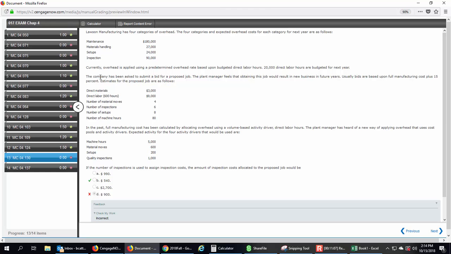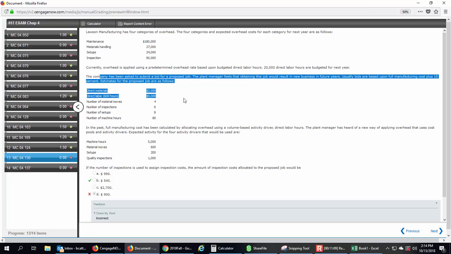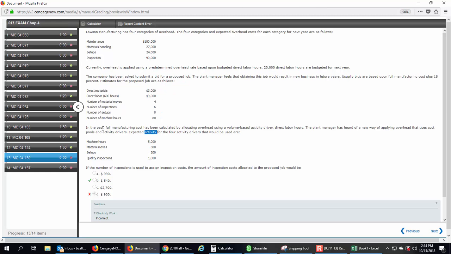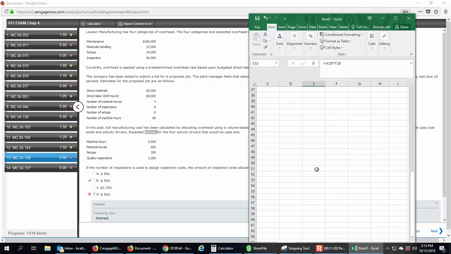And here is a particular job. And in the past, here's our company activity. So it looks like what I've got is a pool of dollars of 90,000. That's the inspection dollars.